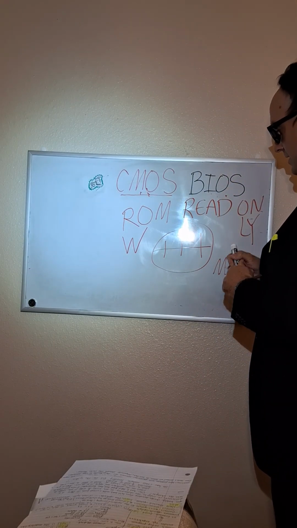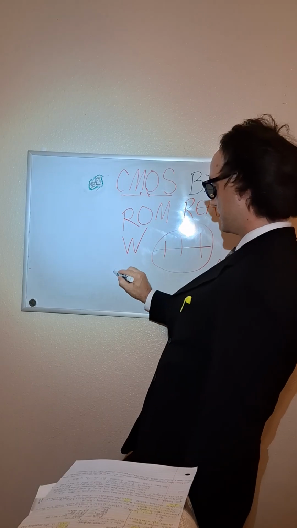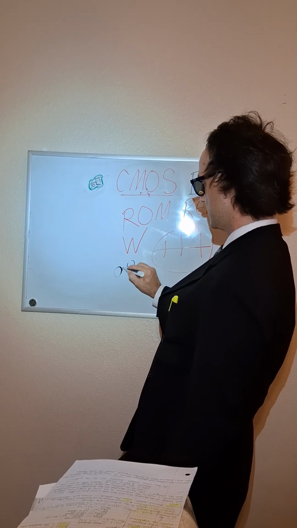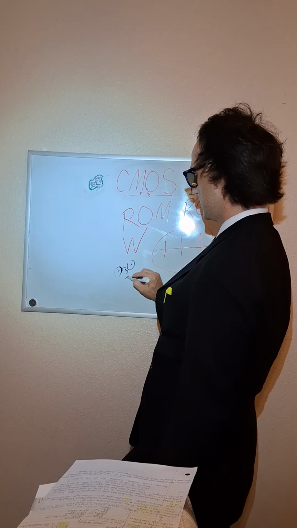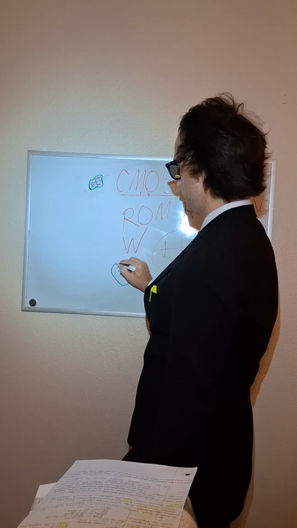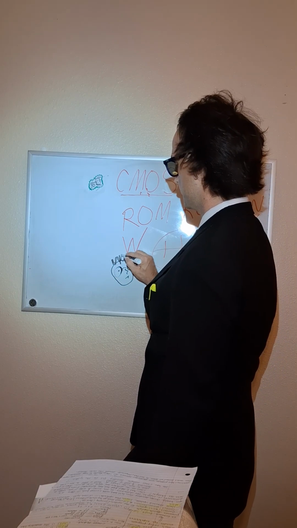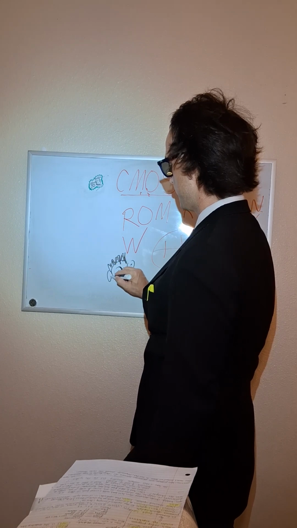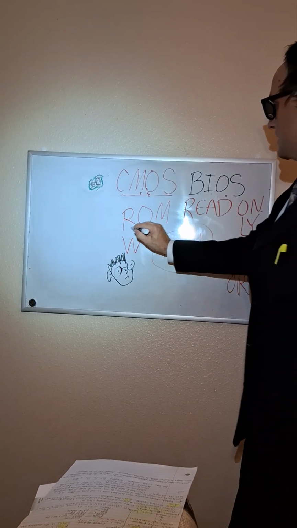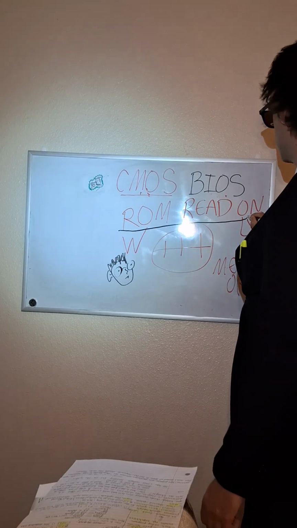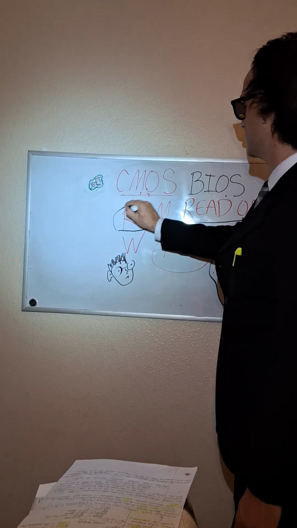So basically, here's our example of memory. And if you have read only, you got these glasses, these two eyeballs, a little nose and a mouth, and a face with some hair that's standing up, right? And so you got this person, and here's a ROM, it's read only.